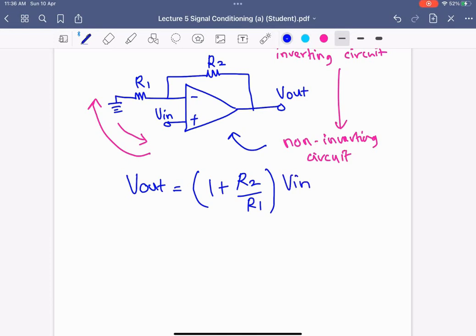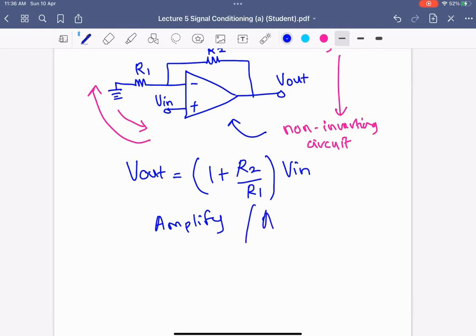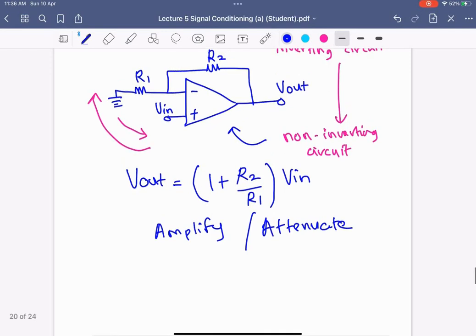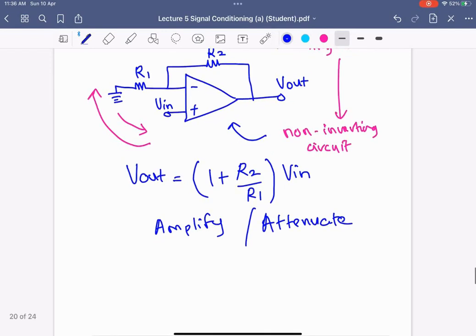The function of an amplifier is that it can amplify, and it can also attenuate, that means de-amplify. Before that, this is the gain, so your gain now is 1 plus R2 over R1.